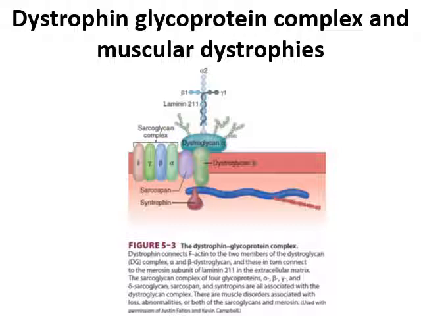Another type is Becker's muscular dystrophy, in which the dystrophin protein is present but in altered state. This is a much milder form than Duchenne's dystrophy. Another type of muscular dystrophy is the desmin related myopathies, which are due to the absence of desmin protein.